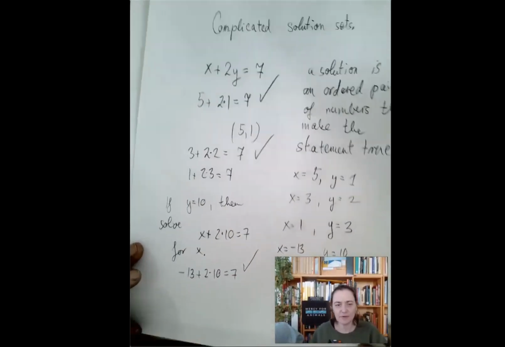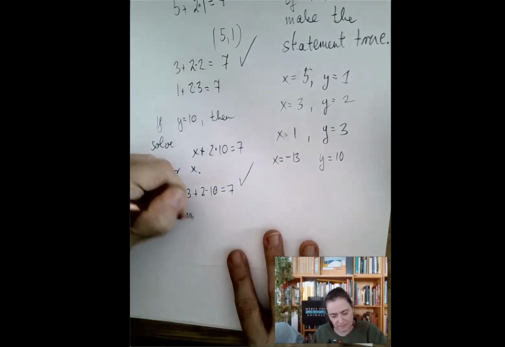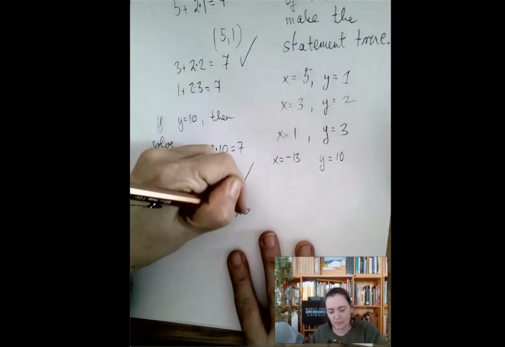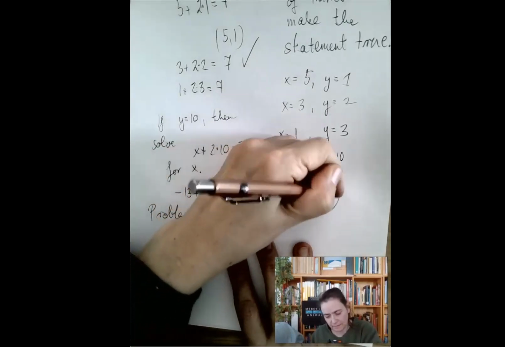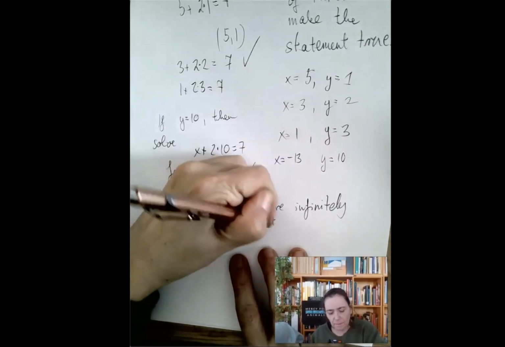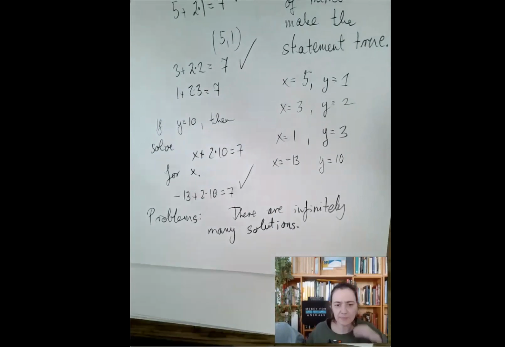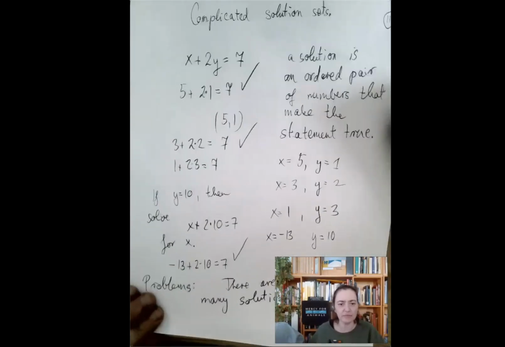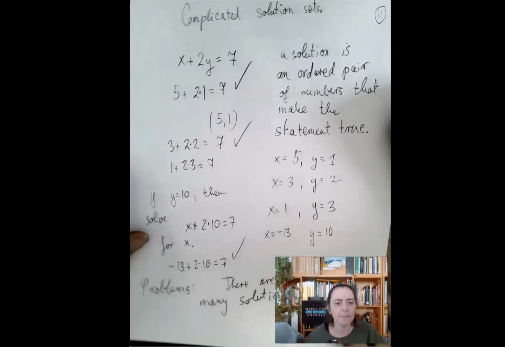So here is the problem. There are several problems here. There are infinitely many solutions. But we cannot express this solution set as x could be any number and y could be any number, because 5 and 5 is not going to work, right? X equals 5, y equals 5 gives 15, which is not 7.